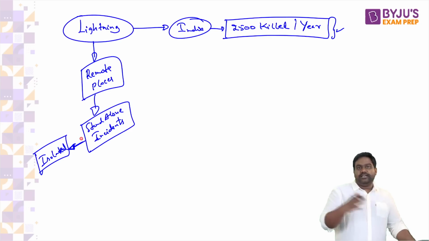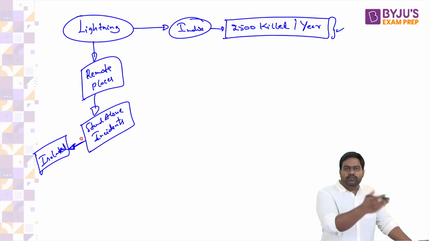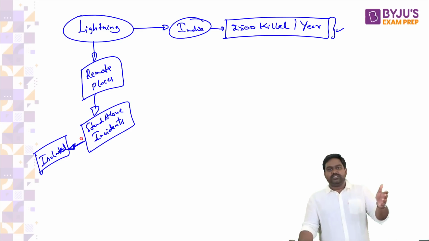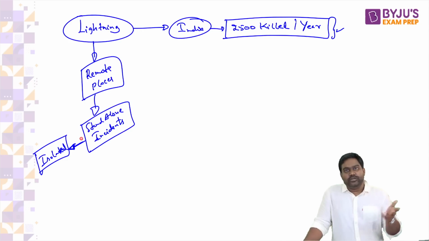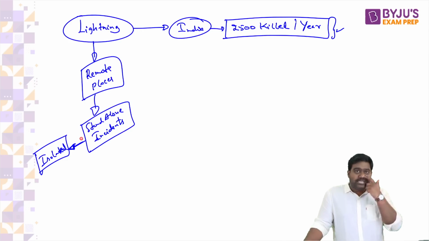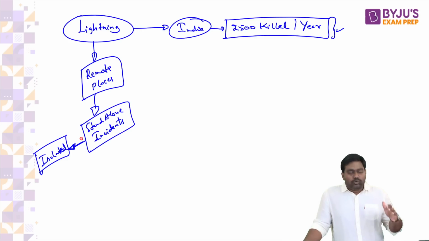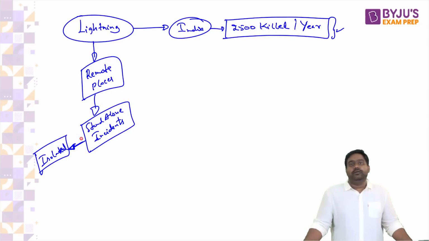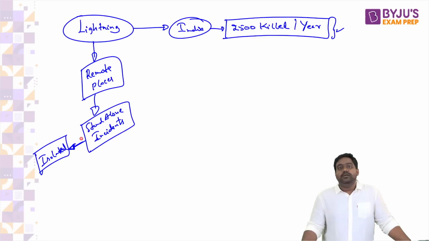Because of these isolated lightning incidents, maybe one person has been killed, 2, 3 people have been killed, right? So people dismiss the threat. They think it's just one small remote incident which happened. Even the government has the same attitude. But if you look at the collective picture for the entire country for an entire year, 2,500 plus people are getting killed. And that's quite a big number.